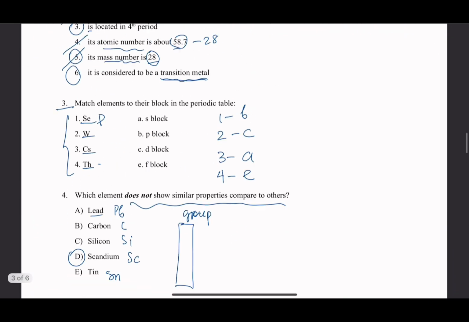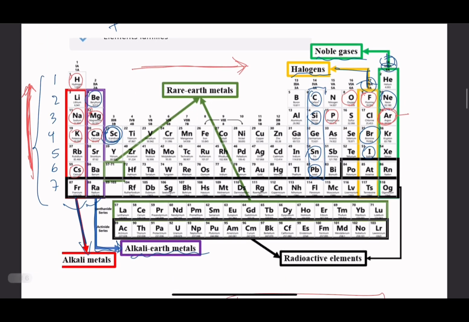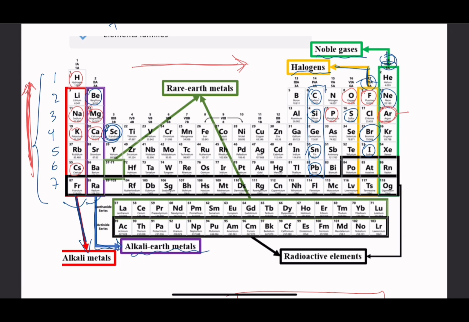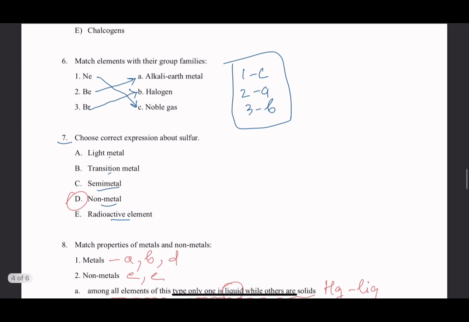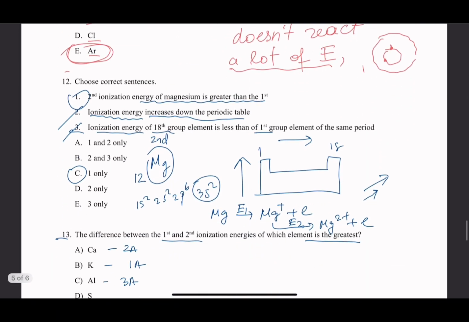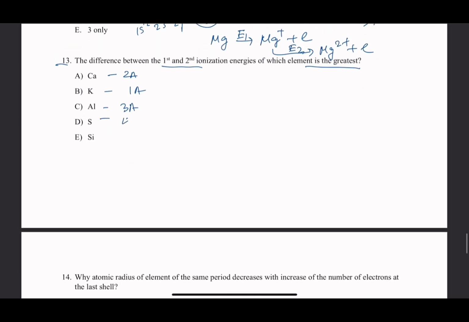Let's find them out. So we got sulfur here and silicon here, so 4A and 6A. If you look among them, potassium is the one with the lowest number of electrons to lose.